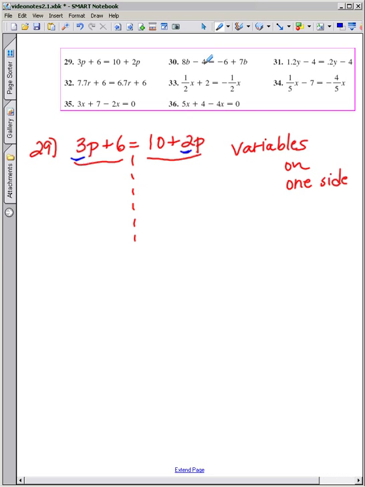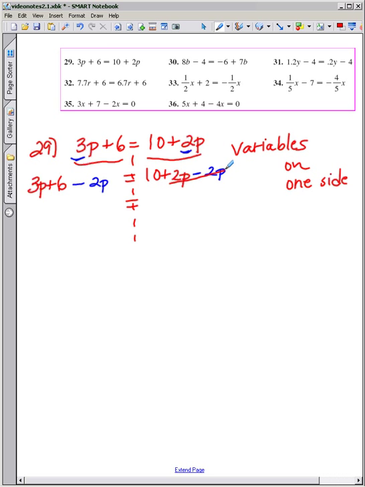So here, what I'm going to do, let me write this back in the original color, 3p plus 6 and 10 plus 2p. Okay, and we have an equal sign floating in there. So what we need to do now is subtract 2p from both sides. Okay, so the first step is bring all the variables to one side, or think of it as eliminating it from one side. So notice what that gives us in the remaining step. The right side is 10 plus 2p minus 2p.